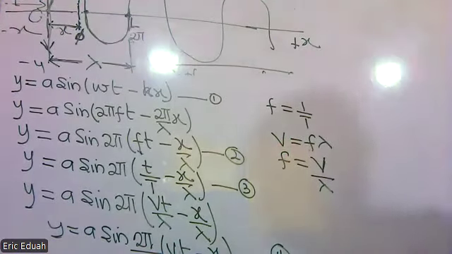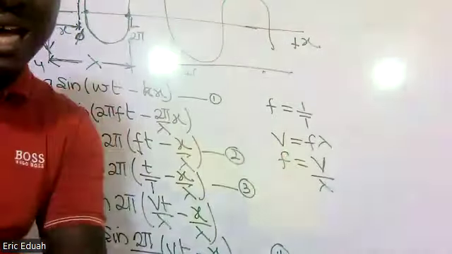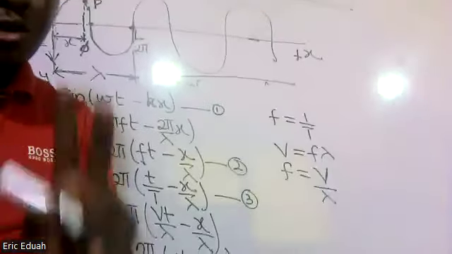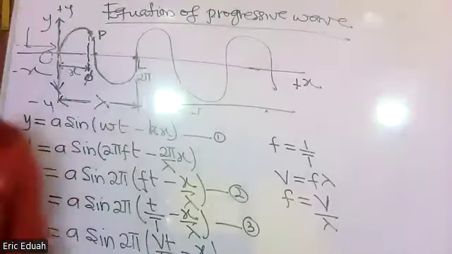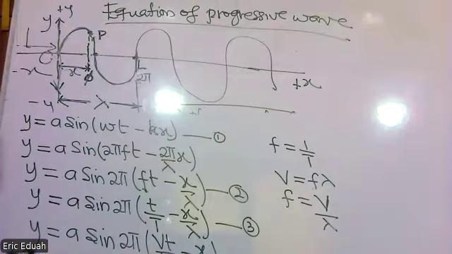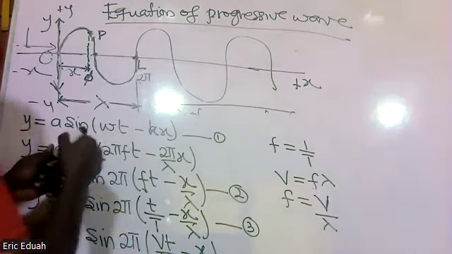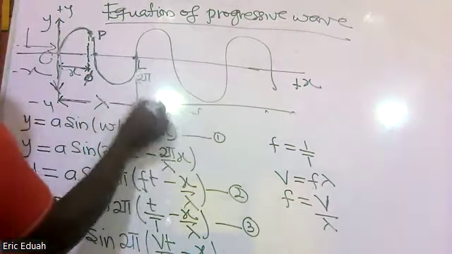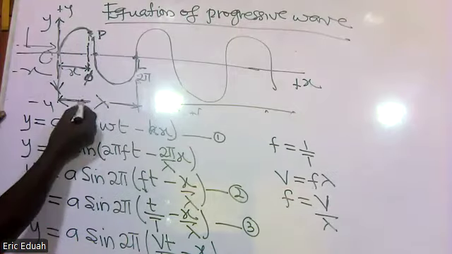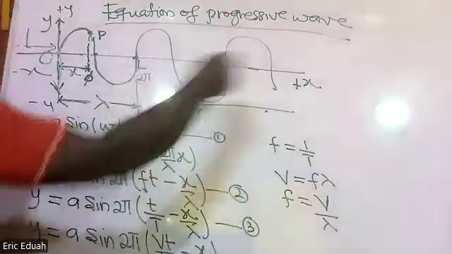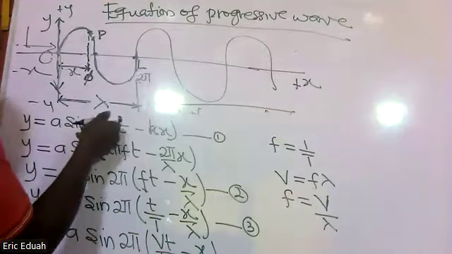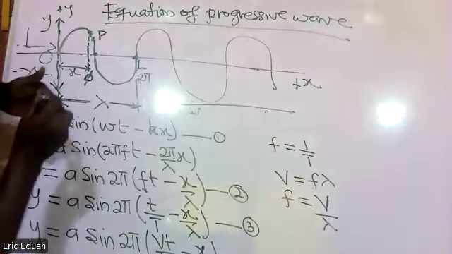All right. Now, let's look at the last part and then we solve one or two questions. If the wave is moving from right to left and we want to write an equation for a vibrating particle P, the wave, or the energy, is moving this way.